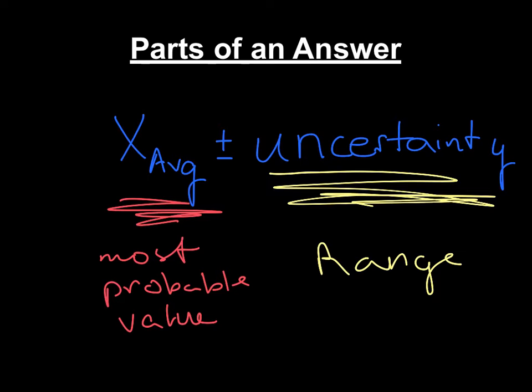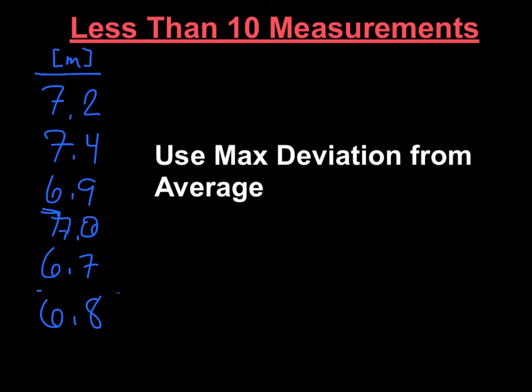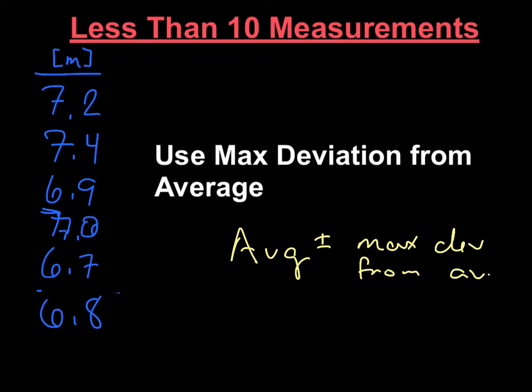And let's figure out how we calculate this range. So what we have here is a big set of data, and we have less than 10 measurements. You can see we have 1, 2, 3, 4, 5, 6 measurements, which is less than 10. Go math. And we want to use maximum deviation. So if we were to report this answer, we would find our average, plus or minus your max deviation from the average.